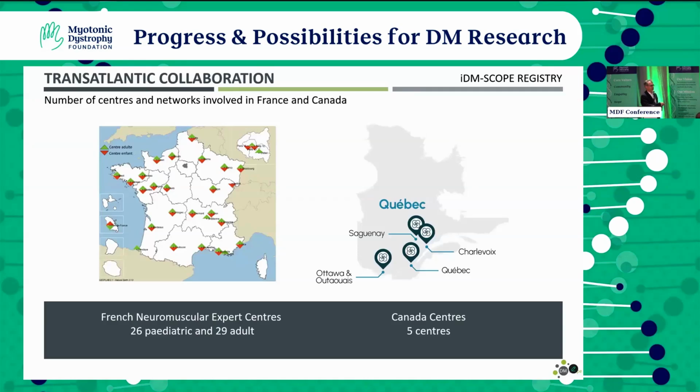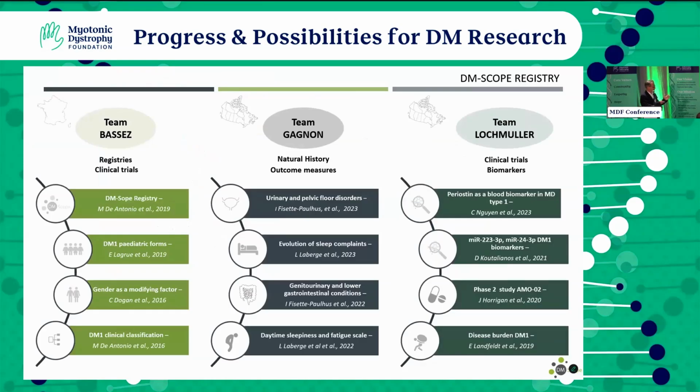More than the high prevalence, this is also a good example of synergizing from our respective domains of expertise. I'm more in the registries and the data collection, while Cynthia is, of course, an expert in outcome measure assessment, and Hans Lochmüller in Ottawa more in the biomarker field. So we think that altogether this is a good network and a good consortium.